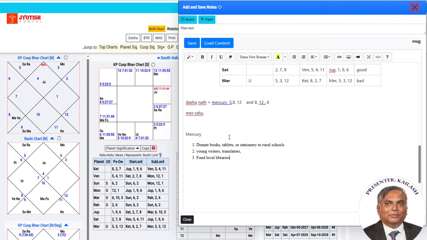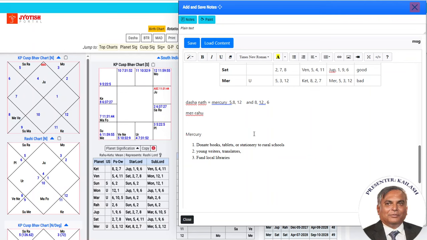Another question comes up: how many times or how long should one do that? So in the dasha period, at least every time the antardasha changes, the donation or the seva related to the dasha lord should be done. In the case of Mercury, it should be done twice, because Mercury is a planet of plurality, so it represents two times.